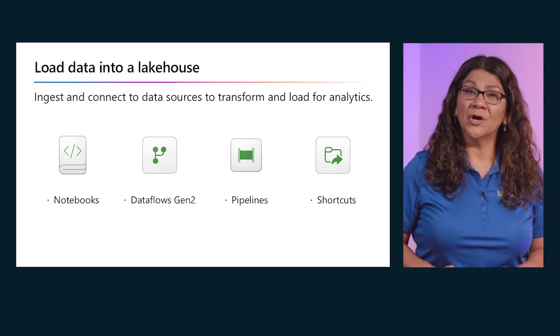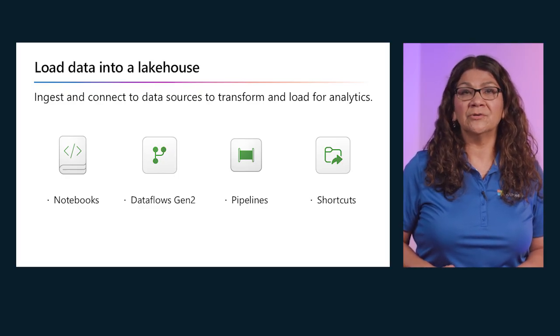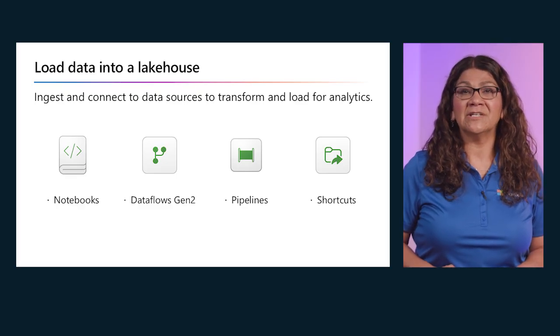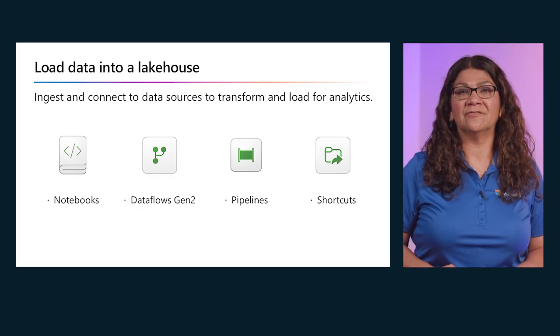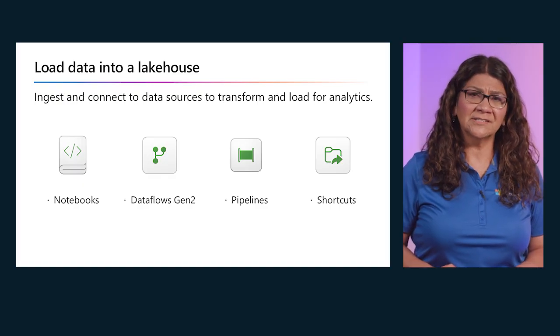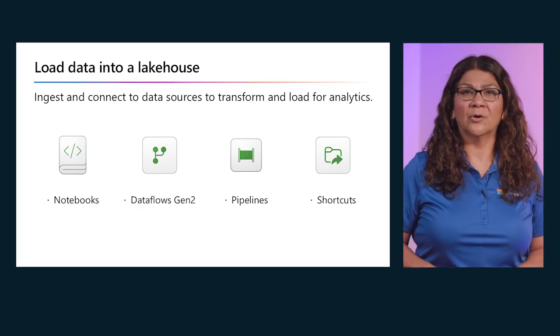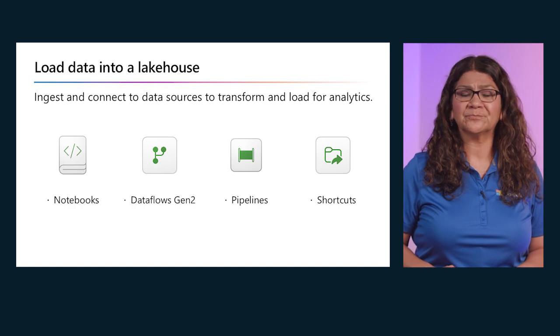You can also use notebooks with Apache Spark to ingest, transform, and load data, or you can even use Data Factory pipelines with the copy data activity. This data can then be loaded directly into files or tables. Consider your data loading pattern when ingesting data to determine if you should load all raw data as files before processing or staging tables. More on this to come in later sections.